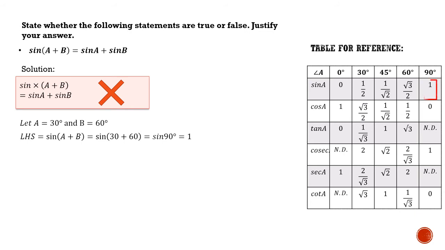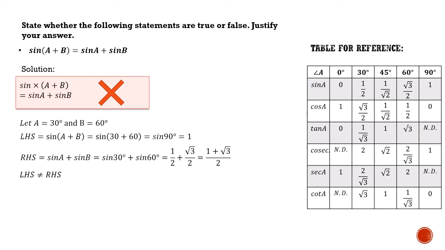Then do the same for the right hand side, and it gives 1 plus root 3 whole divided by 2. As you can see, LHS is not equal to RHS, so the above statement is not correct. It is false.